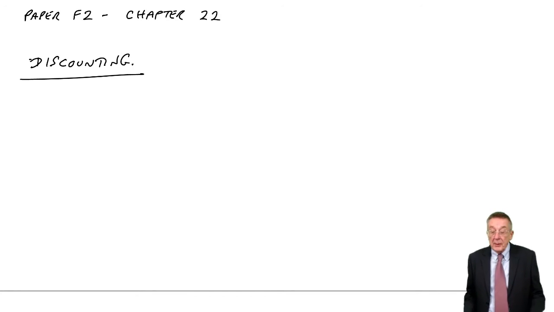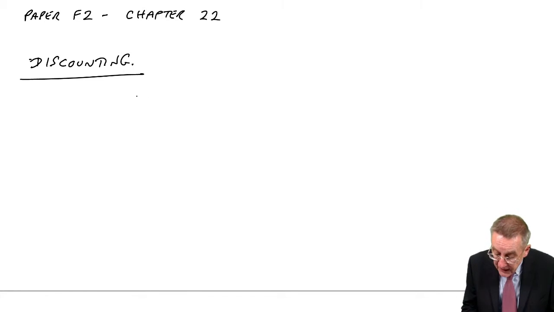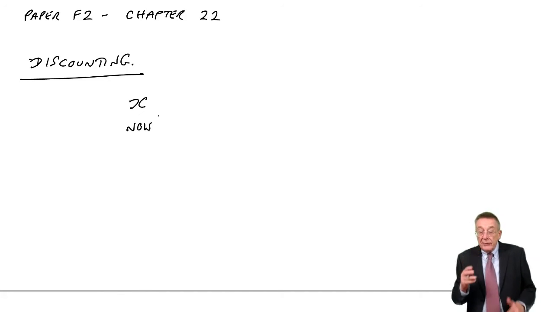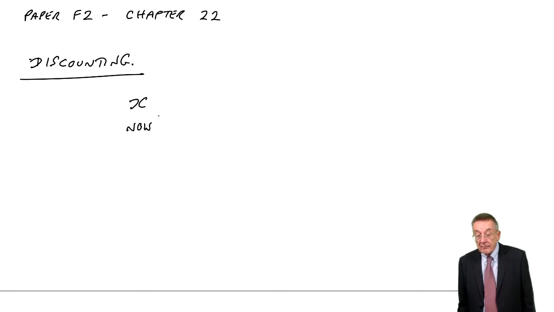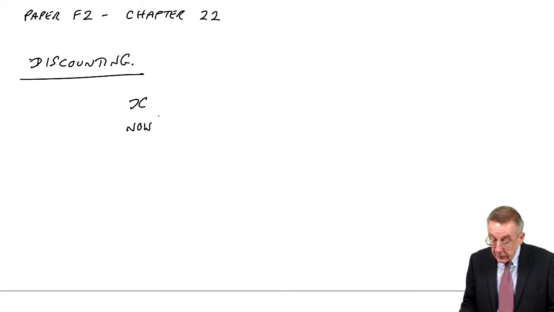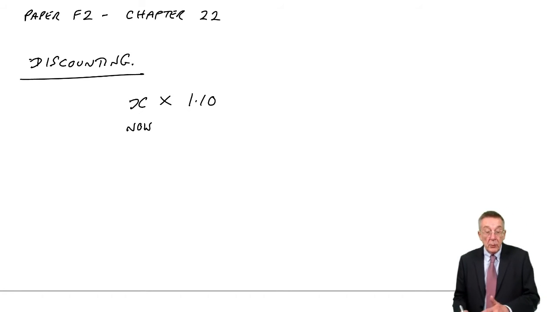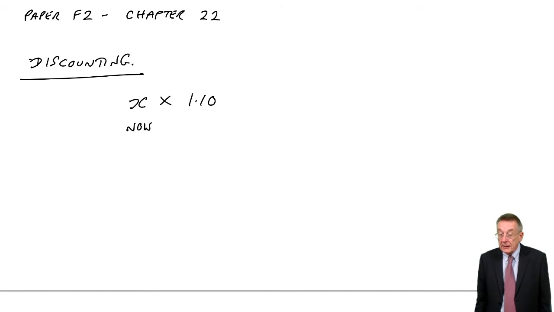Well, we apply exactly what we did before. Suppose it's X dollars now. If you deposited X dollars now with interest at 10%, then adding on the interest every year we'd multiply by 1 plus R, 1.10 for 10%.